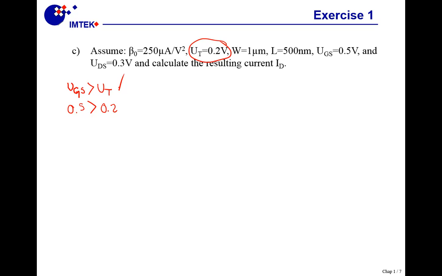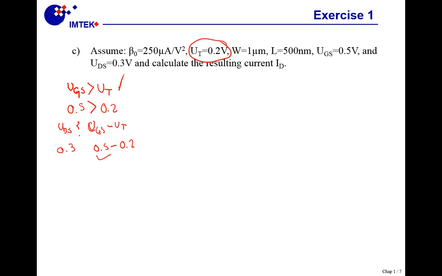The second thing we have to do is check whether it's in the linear or the saturation region. For VDS, we don't know whether it's equal to, smaller, or larger than VGS minus VT. Our VDS is 0.3 volts, our VGS is 0.5 volts, and our VT is 0.2 volts.